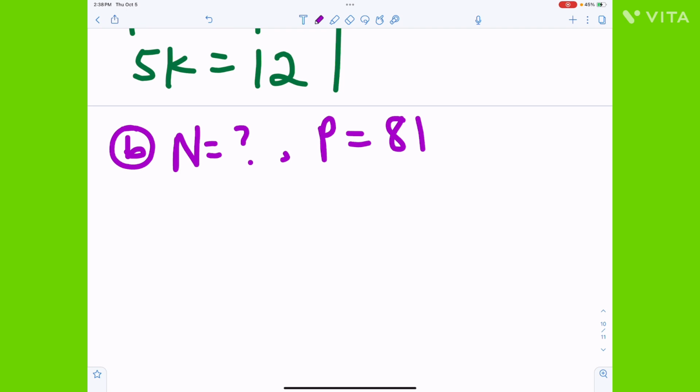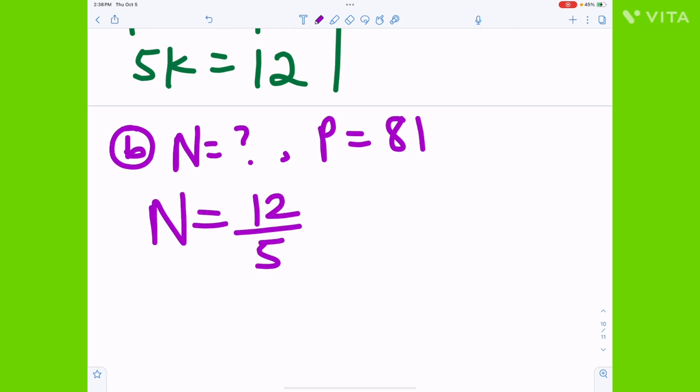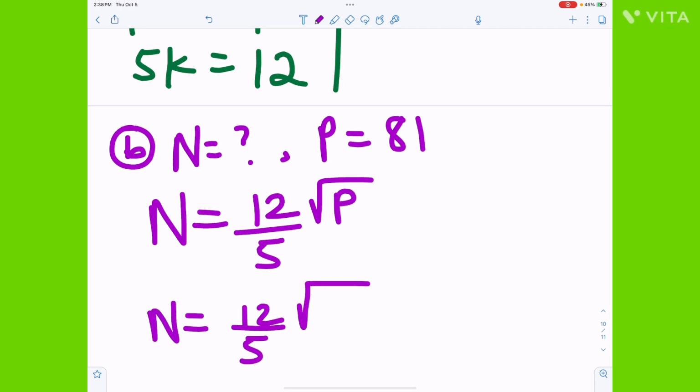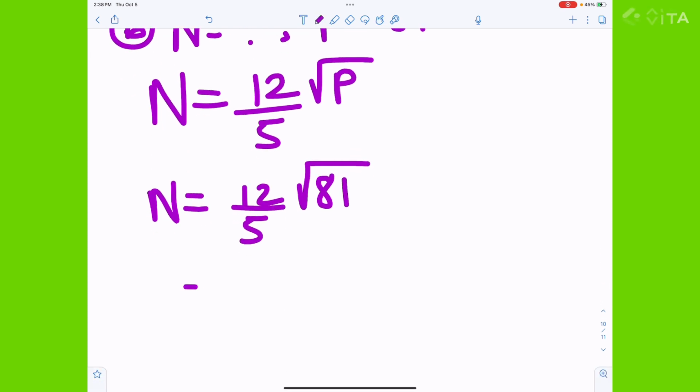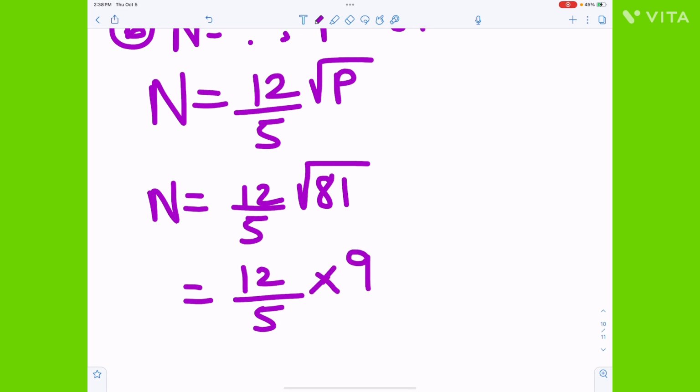That's pretty simple. N question mark when p is equal to 81. So first thing, we write the relationship out. N is equal to 12 over 5 root p. So we want n when p is 81. So that means n is 12 over 5 times root 81. Now that our p is 81, n is equal to 12 over 5 times root 81, which is 9. 12 over 5 times 9.